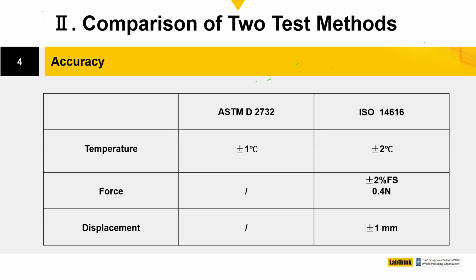With regard to 14616, it's plus or minus 2% of full scale or 0.4 newtons, and a displacement accuracy of plus or minus 1 millimeter. And so if you care to remember those, when we discuss the specification of the C631H, we'll refer back to these and compare them.